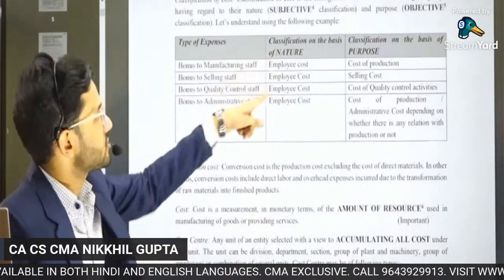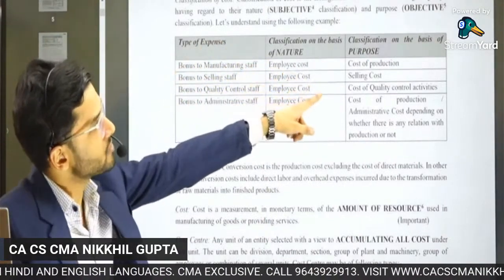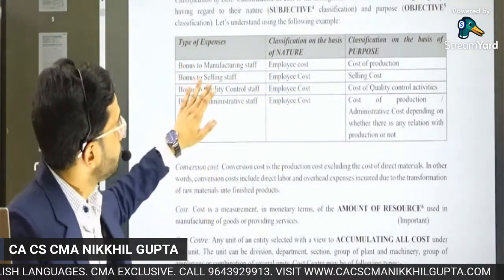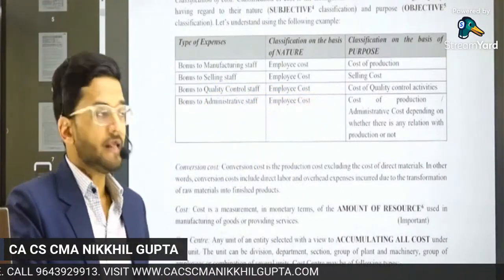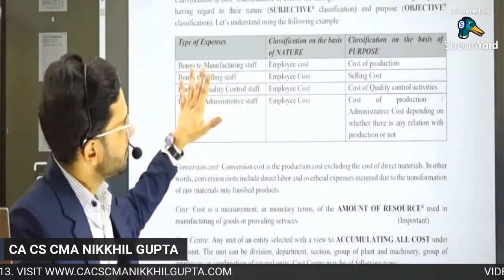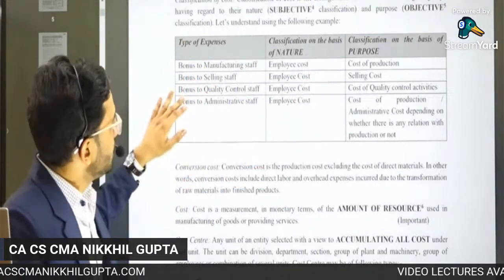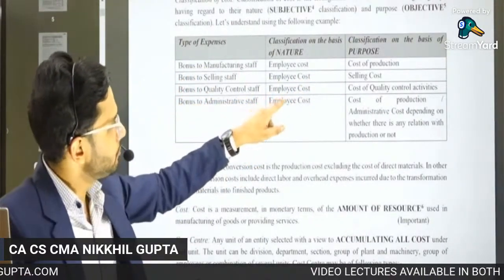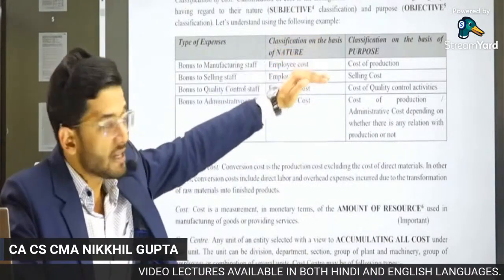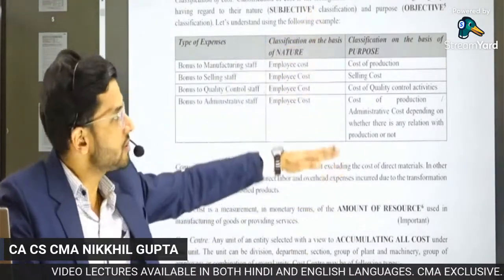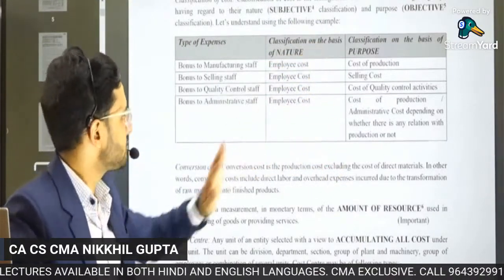Bonus relating to selling staff is an employee cost, but it will go to selling cost. That is the difference. Bonus to quality control staff is an employee cost, but will go to cost of quality control activities. So this is how we classify our cost according to their nature and purpose.